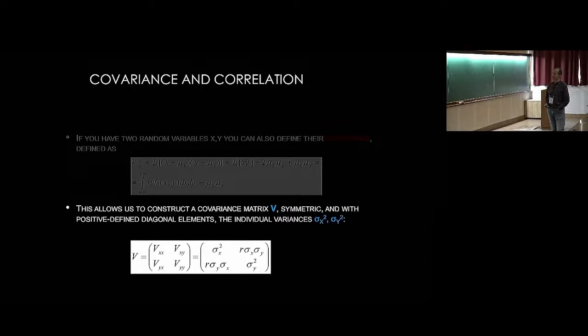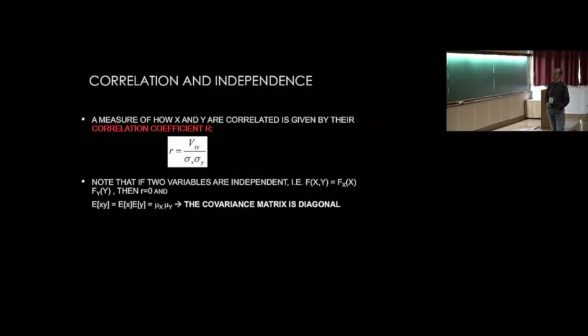And so you have some correlation governed by a number which is between -1 and +1. This number is called the correlation coefficient. So this is what the correlation coefficient measures, how much the two variables talk to one another. And this is basically defined here as in the previous slide.